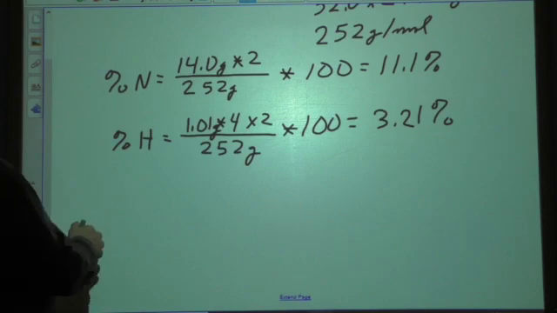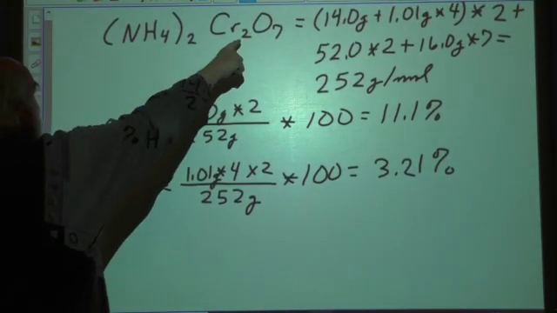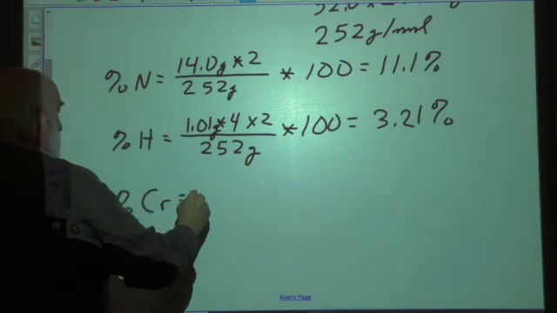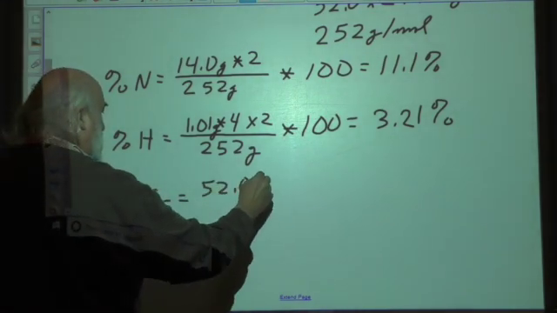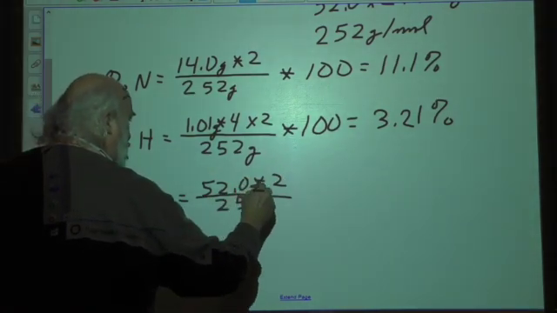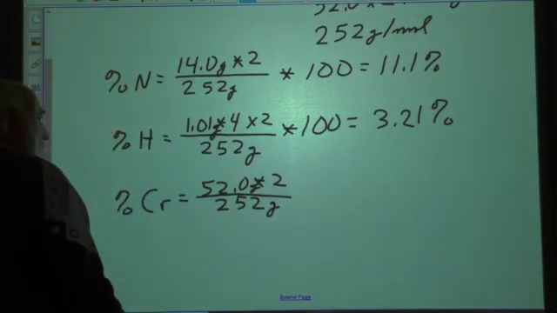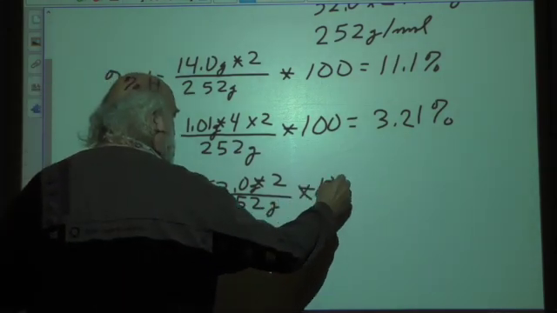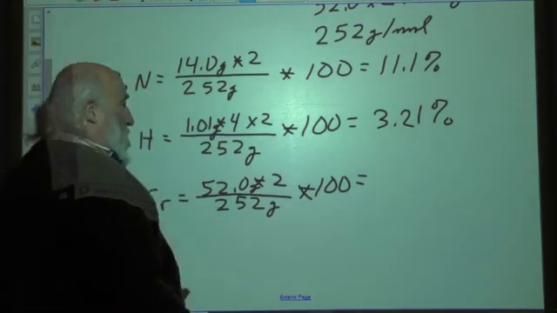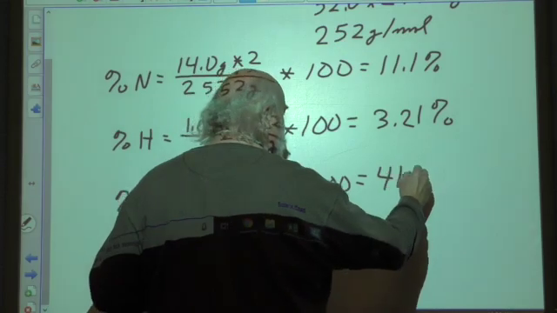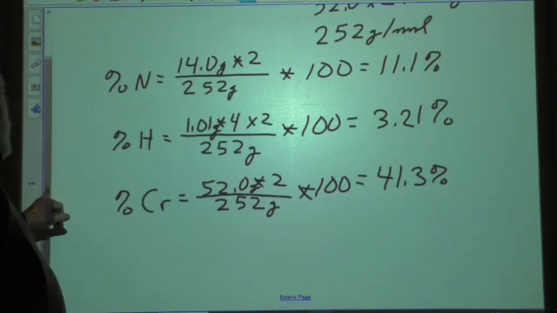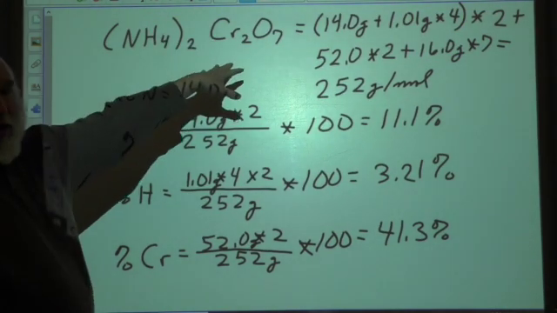Next is the chromium, and chromium times 2. So, percentage of chromium is 52.0 times 2 divided by 252. And that's grams there, and that's grams there. Times 100. And when you divide that out, you get 41.3%. The last one, you've got 7 oxygens.